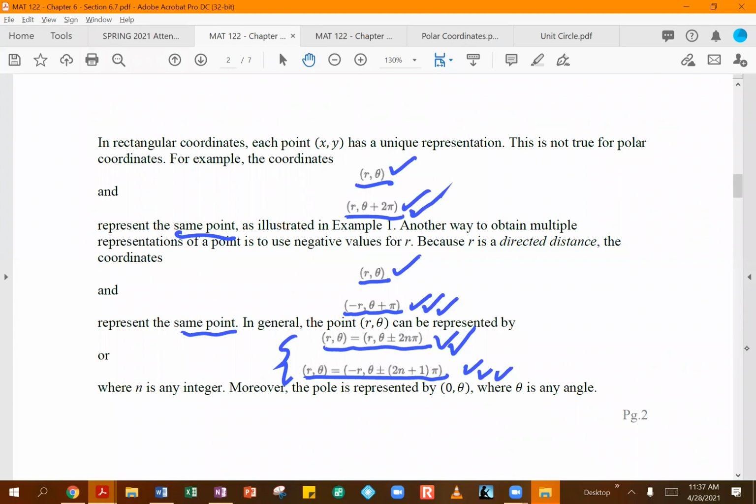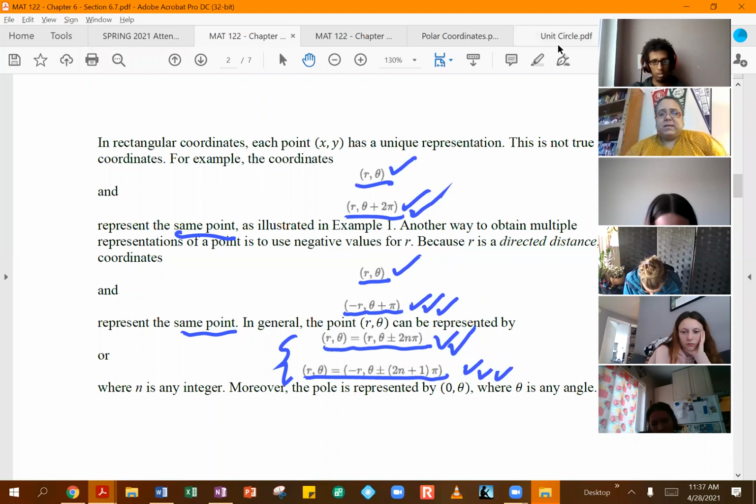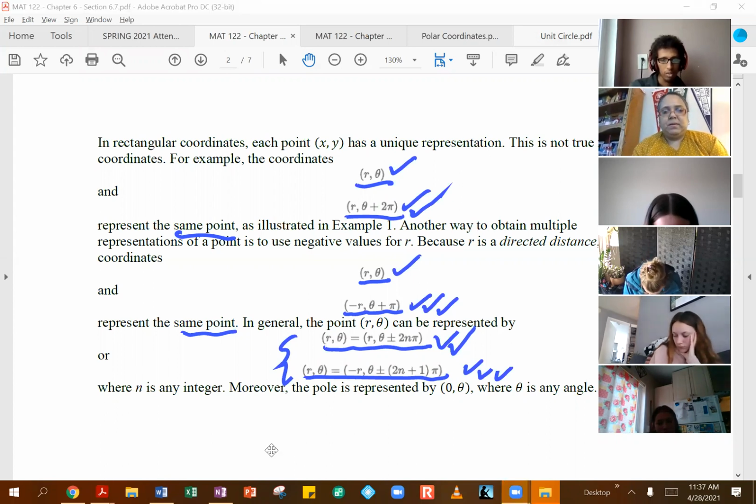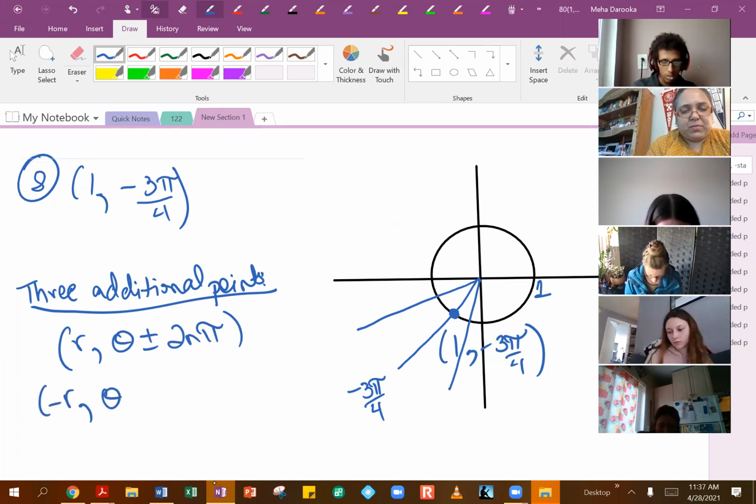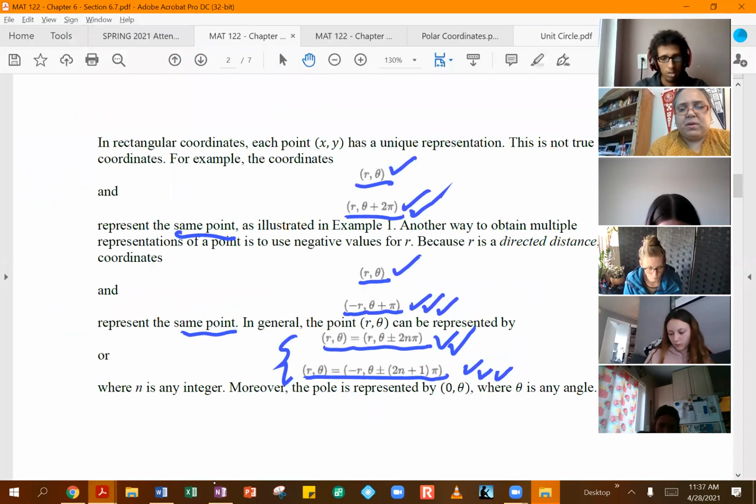If we did, let's say using that first one, theta plus or minus 2n pi, where n is an integer, what do you think one of our possible points can be using the first breakdown? And then what was our other one? Theta plus or minus (2n plus 1) pi.